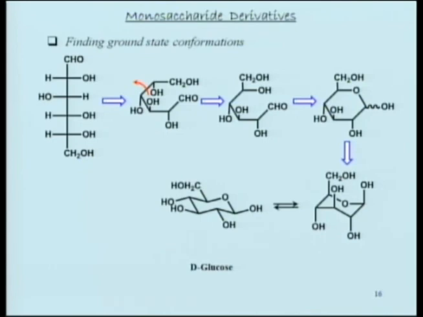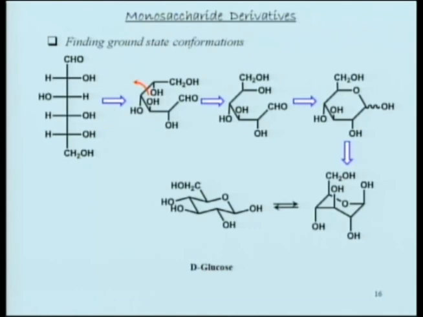So we know this is the most stable form for beta-D-glucose. But if we had another sugar that had variations in these orientations, let's say two groups were, in this case, all are axial, so it's very easy to identify. But if we had two groups, such as that OH and that OH as axial, equatorial here, then by flipping, we would have converted those into axial. So then the energetics would play a role.